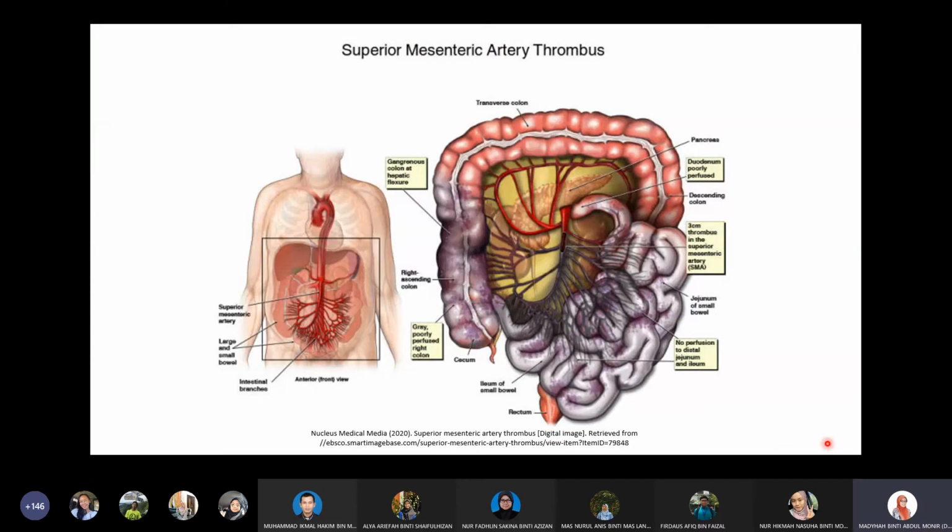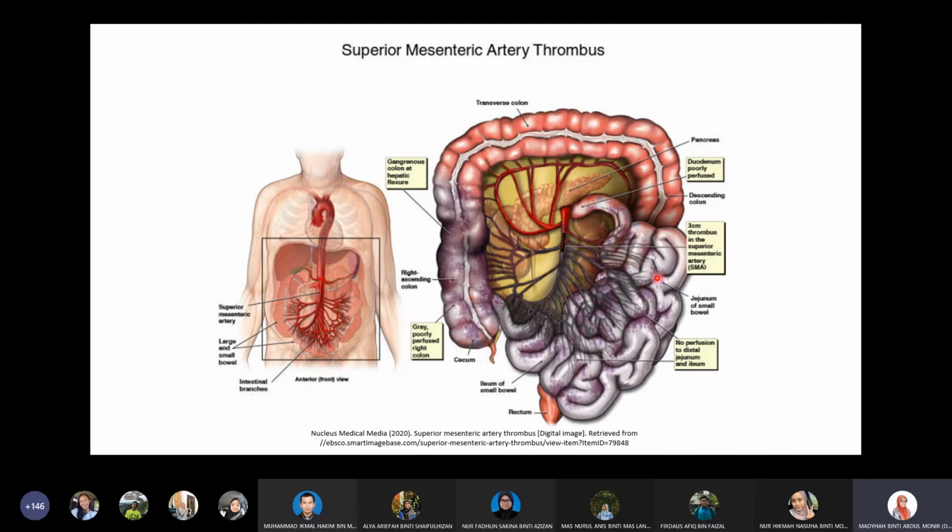This is another example. This is what will happen when there is arterial thromboembolism in the superior mesenteric artery. This is the blood vessel supply in the intestine. As you can see, they show you the colon. This is the transverse colon, right ascending colon.